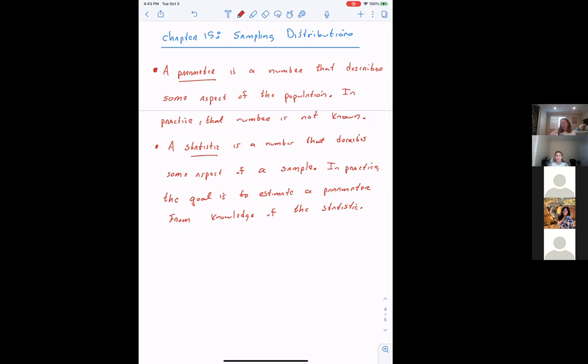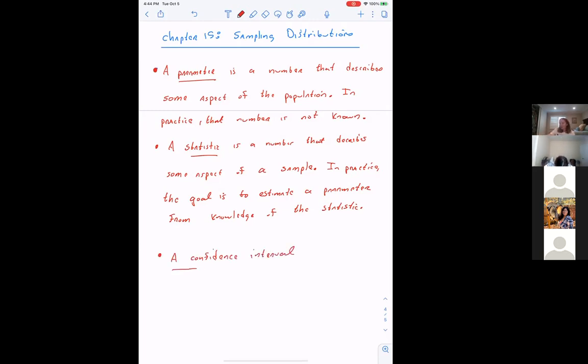Now, I'm not looking for an answer here. It's not in this chapter. It's coming up soon, but I'll describe it now. A confidence interval. This is coming later, but I'll say it now.